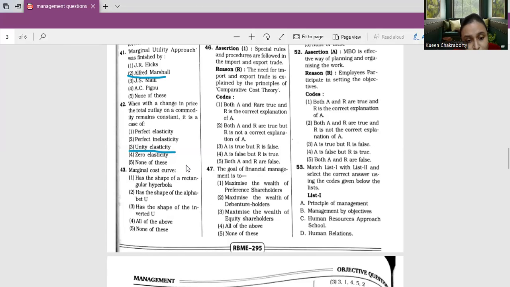Then as marginal product and marginal returns decrease with the law of diminishing marginal returns for relatively larger output quantities, marginal cost also increases. So accordingly, the marginal cost curve has the shape of the alphabet U. That is option number 2, the correct answer.